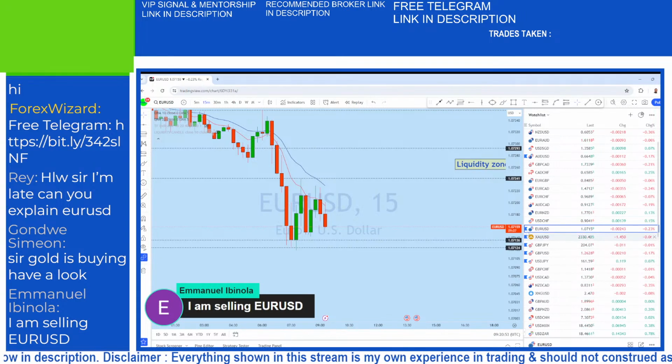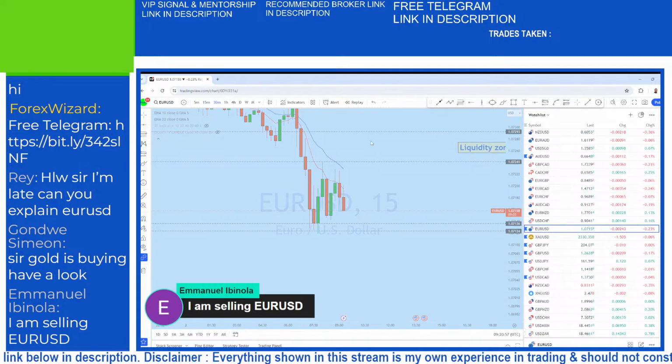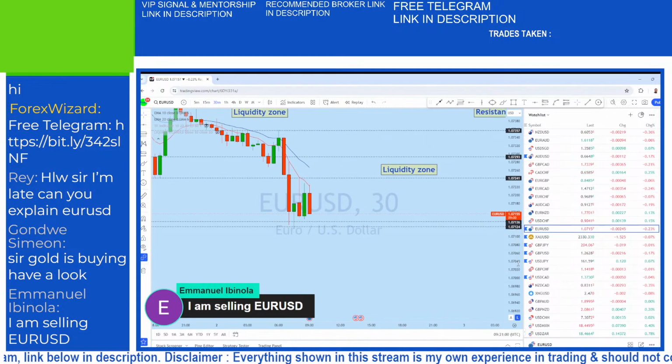Okay, so we see that EUR/USD from this level has got a very strong rejection.